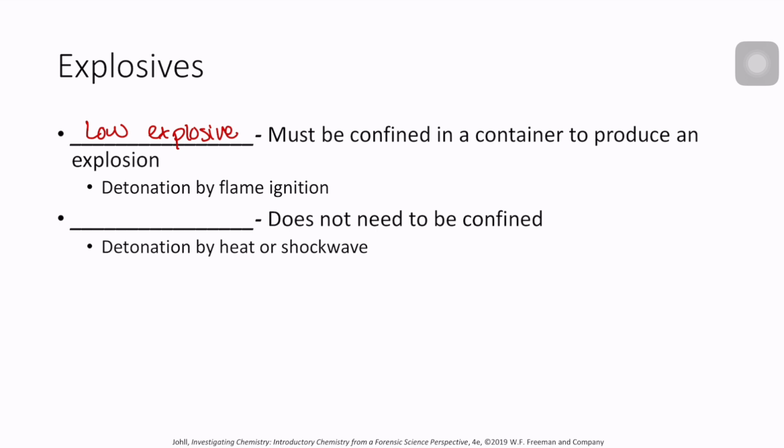And the detonation is by flame ignition. A high explosive does not need to be confined. And so detonation can be by heat or a shock wave. They can be a lot more volatile, if you will, because of the fact that you can have them just anywhere.